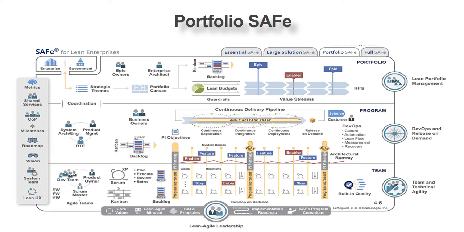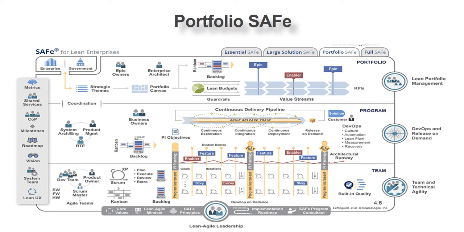This explanation is just for you to understand where you would use a portfolio SAFe, where you would use a large solution SAFe, or where you would use an essential SAFe. So essential SAFe is a basic entry into the scaled agile world. Large solution would be where you have multiple trains running. Portfolio SAFe is where you would constantly require financial commitment, every time something has to be financed.